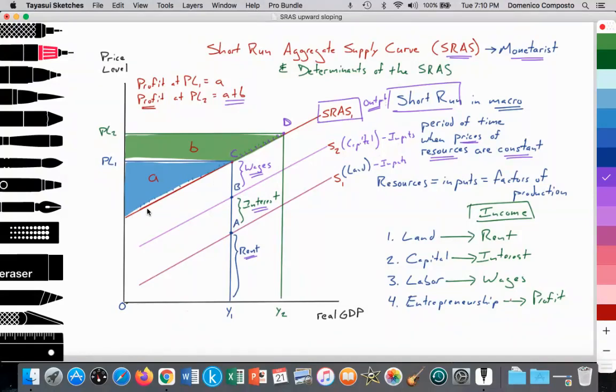This red line is the cost of production of employing land, capital, and labor, and up to point C, the firm stops because they're going to sell at the average price of all goods and services in the economy at PL1.